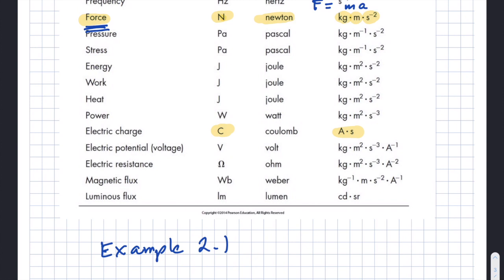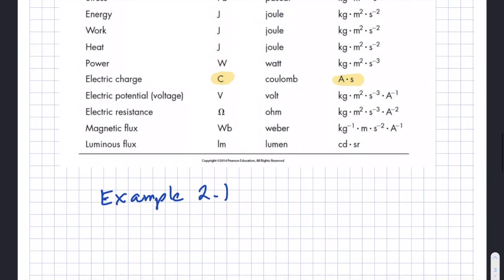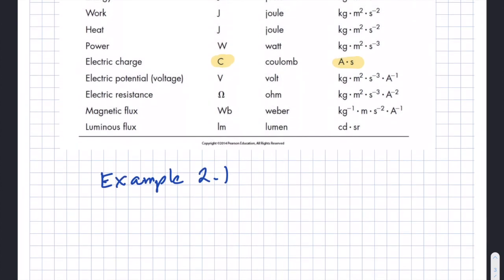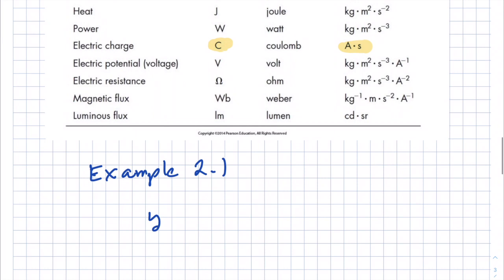At this point, if you turn to example 2.1 in your book, he has an example where he's trying to work out the dimensionality of both sides of an equation.